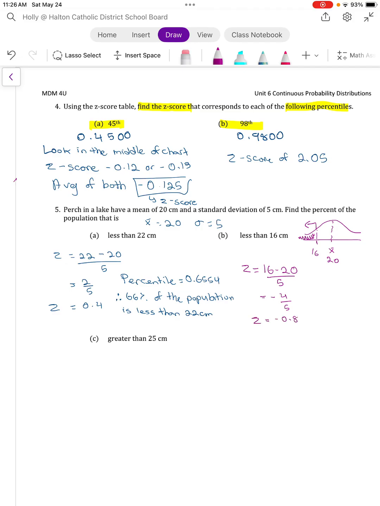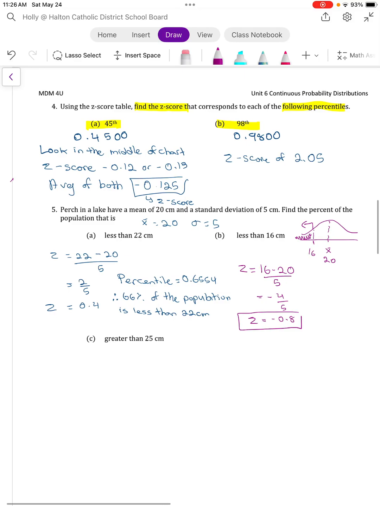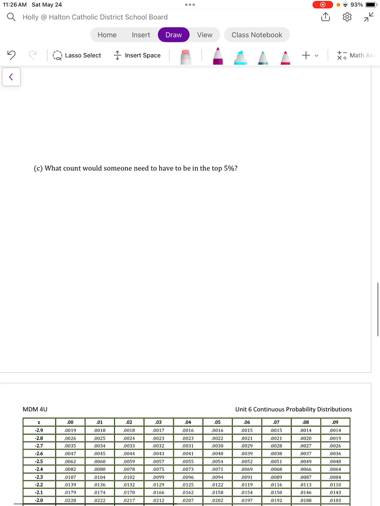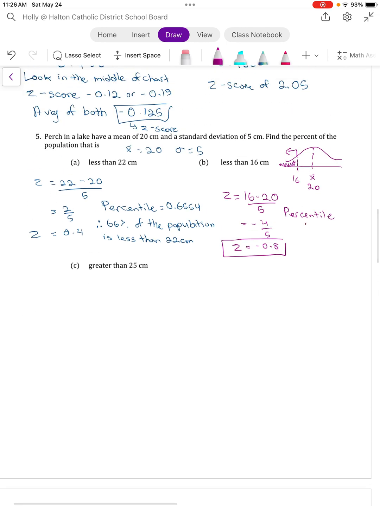That is my Z-score. You're going to look up the percentile. So we're at negative 0.8, and that gives you 0.211 percentile. Therefore, you can say about 21% of the population is less than 16 centimeters.